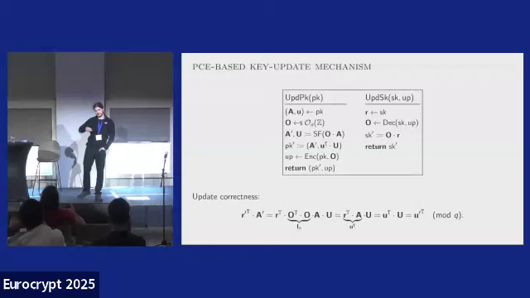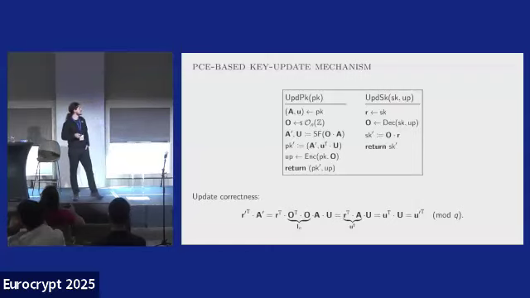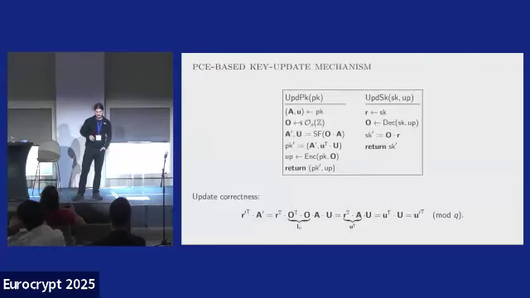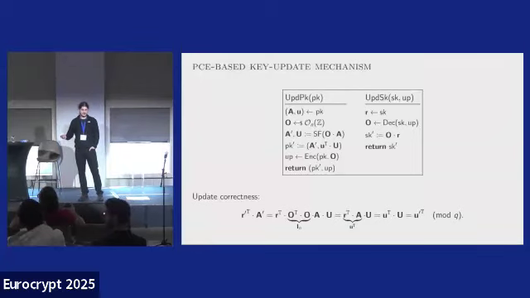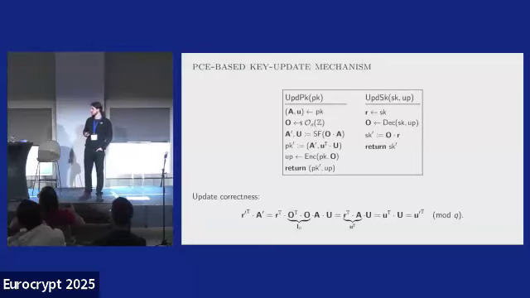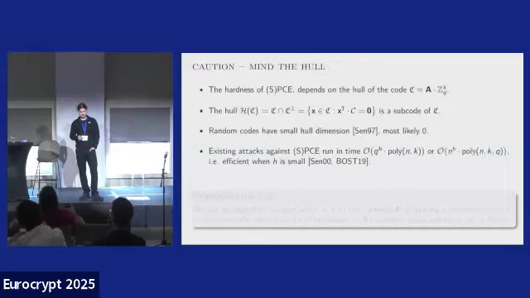And then we update the syndrome with this matrix. The update token is simply an encryption of this isometry, or to be more specific, a seed for it. For the secret key, we just decrypt the update token into an isometry and then apply it to our old secret key. And this is just the correctness equation. You see that because O transpose times O equals identity, this correctness holds.